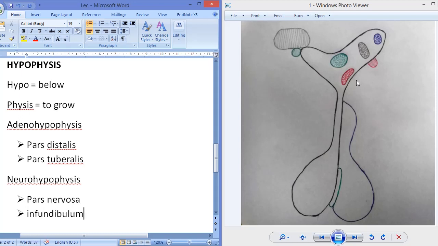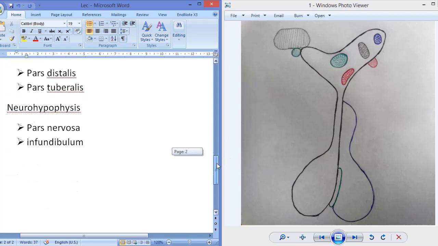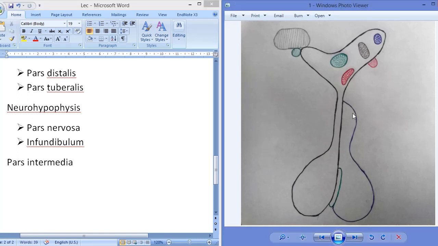The infundibulum is the stalk of the posterior pituitary gland. This part of the pituitary gland is called pars intermedia, the median pituitary gland.